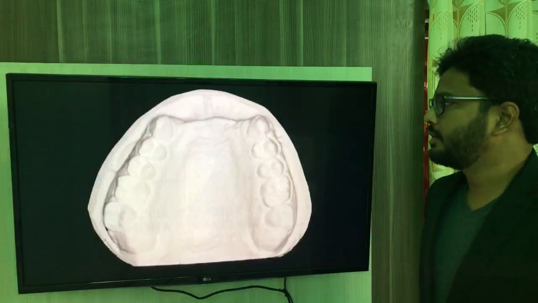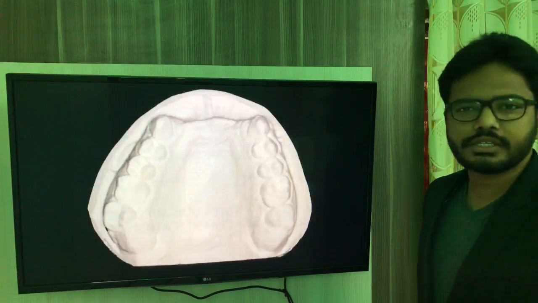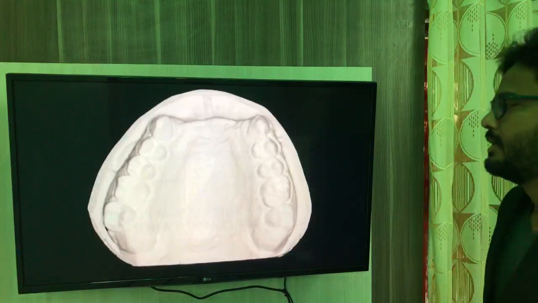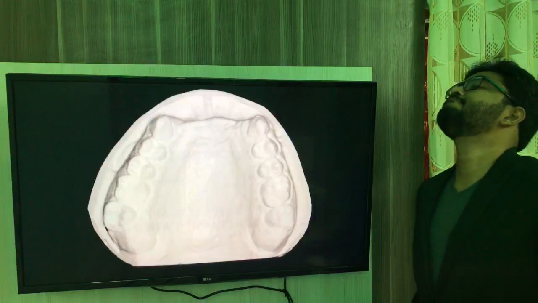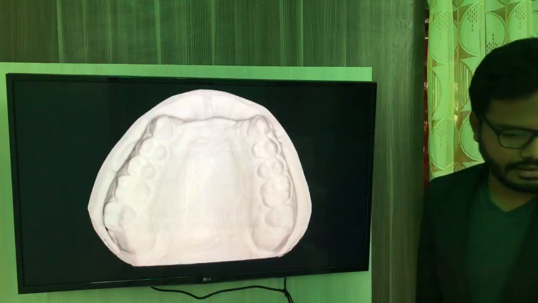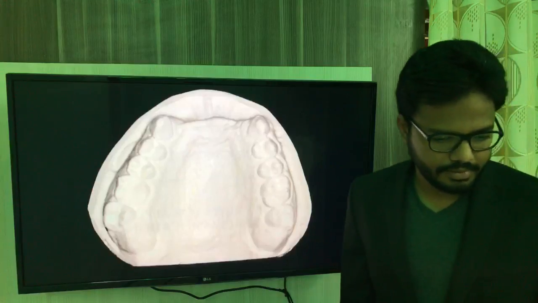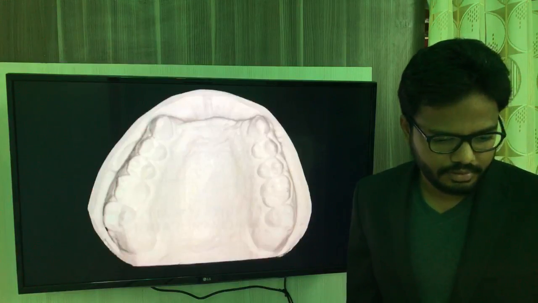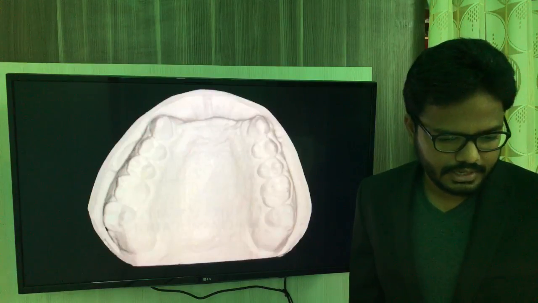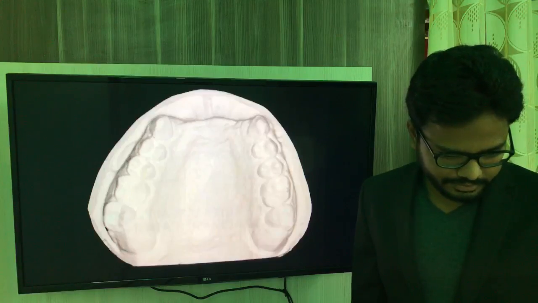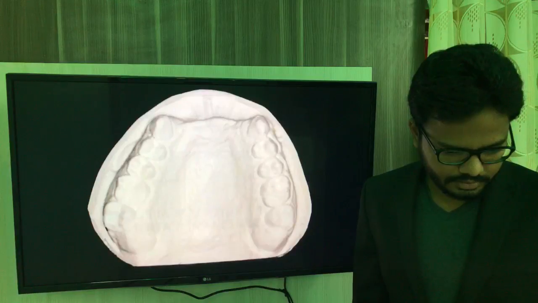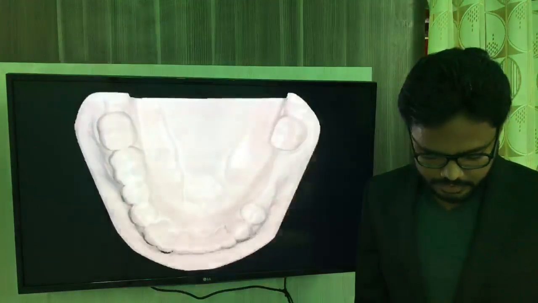You have an edentulous space anteriorly which is crossing the midline. Class 4. So it belongs to class 4.